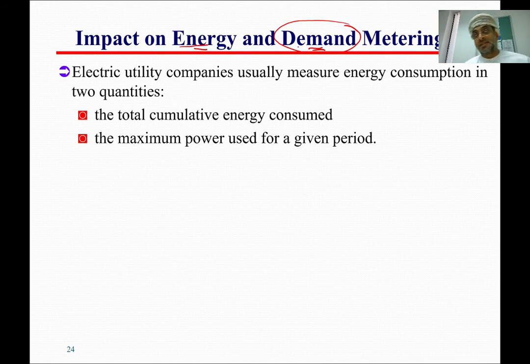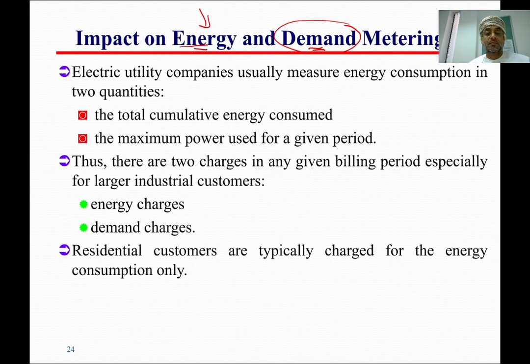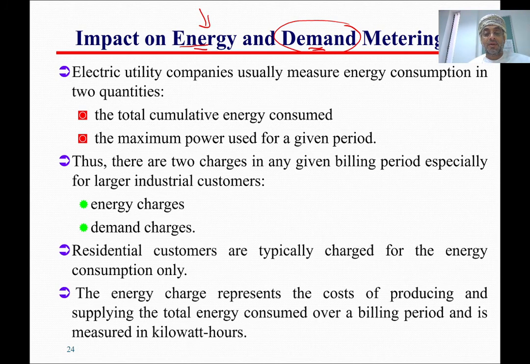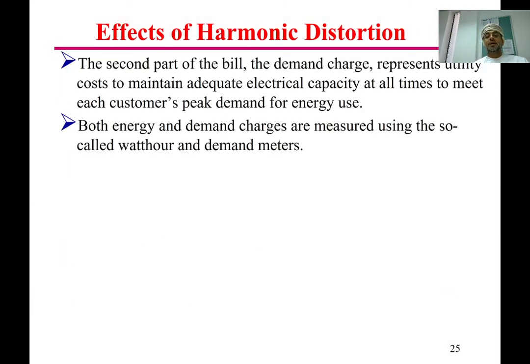But for us as small consumers, we only pay for the energy. Anyhow, those harmonics will affect the energy and demand meters. As a result, those meters will give wrong readings.